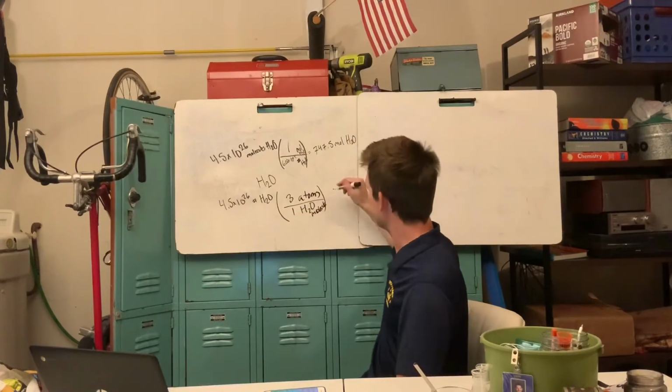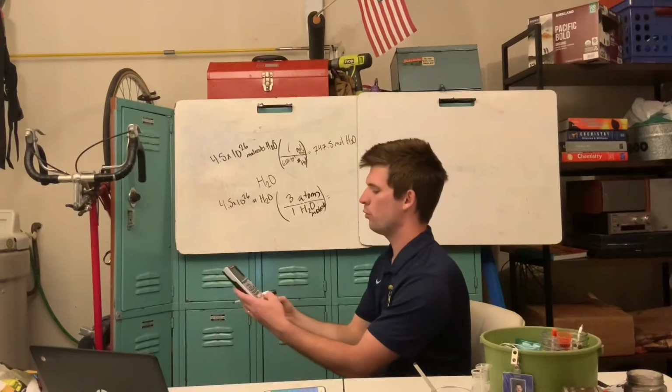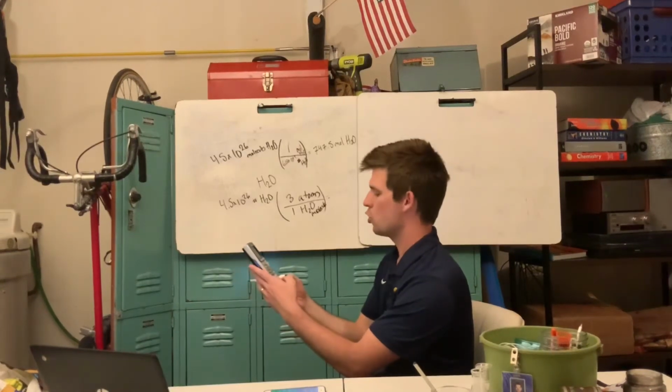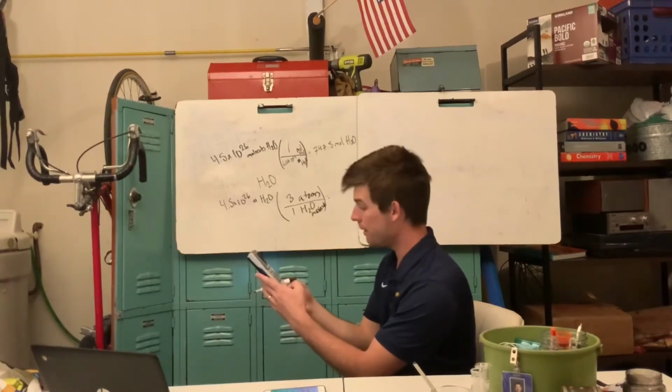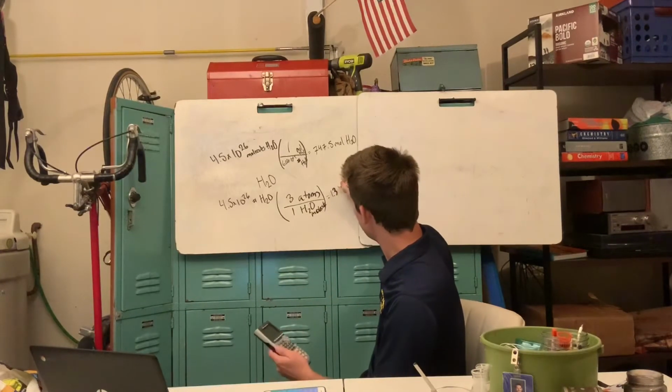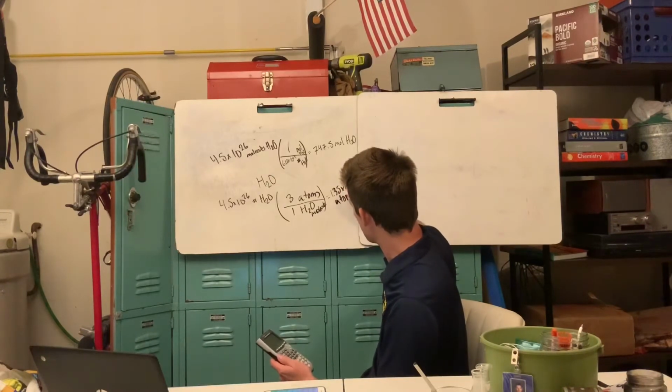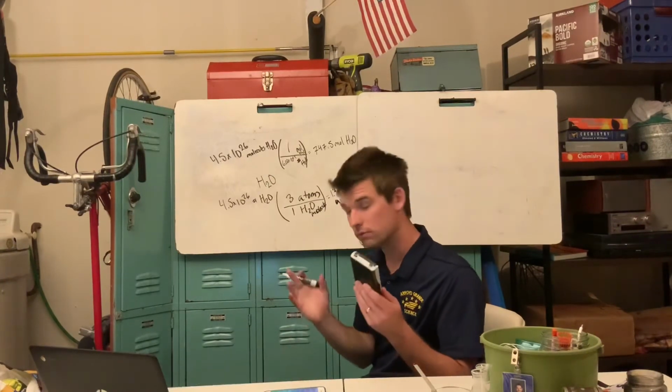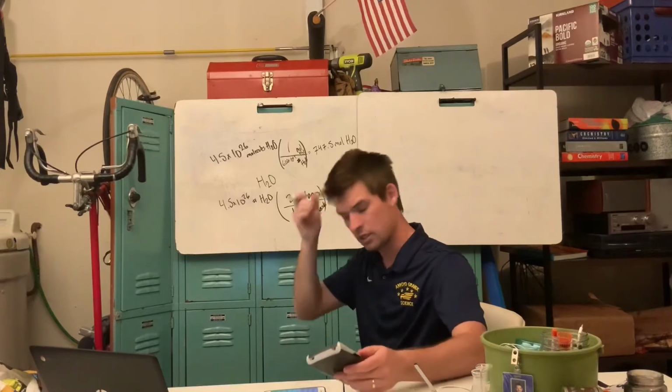And this is tricky, and we get 4.5 EE 26 times 3 equals 1.35 times 10 to the 27 atoms. Boom. That was tricky. You had to think about it, but I liked it.